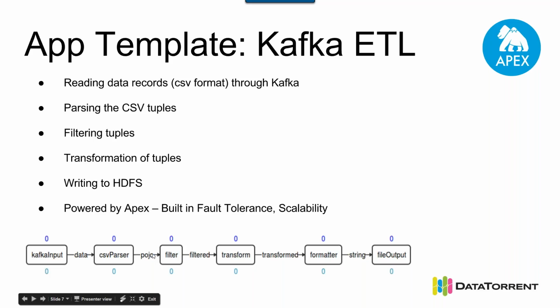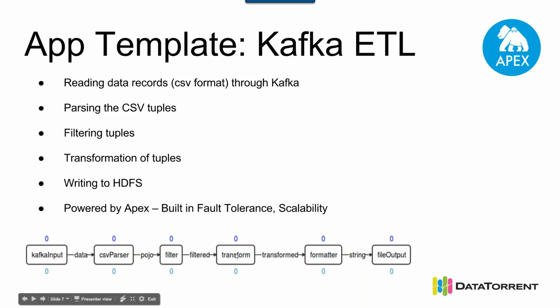Once it is converted to Java objects, I'm going to filter the records using some criteria. My records are going to be bank account records where I have account number, name, and the balance in the account. So let's say for my use case, I just want to process the records whose account balance is more than 10,000 rupees or 10 lakh rupees. Whatever the condition is, I'll put it here and I'll filter those records.